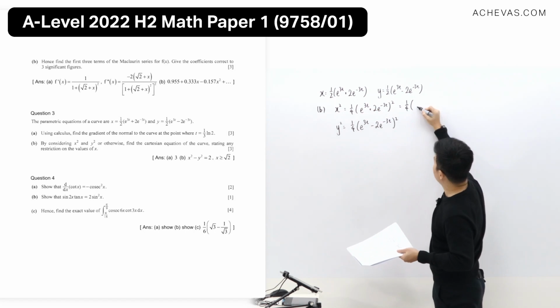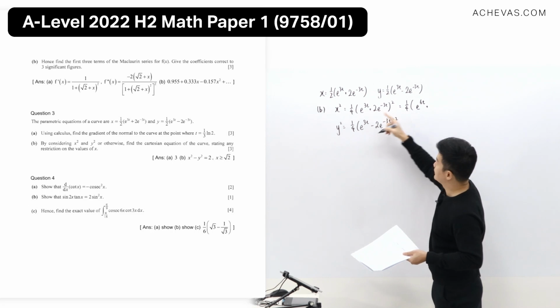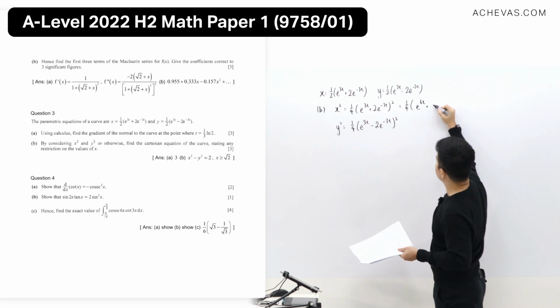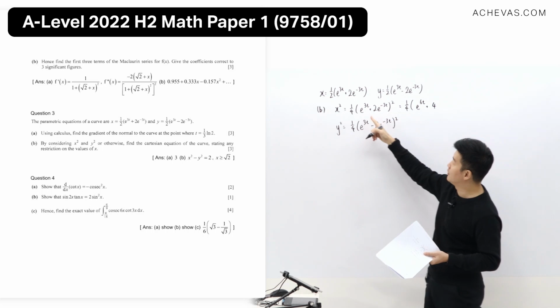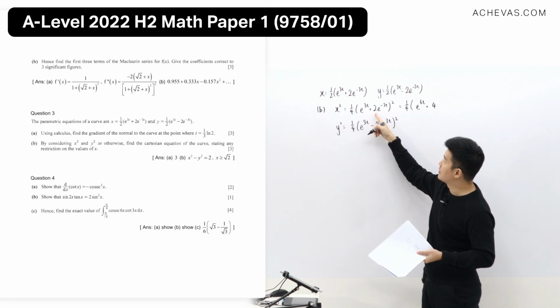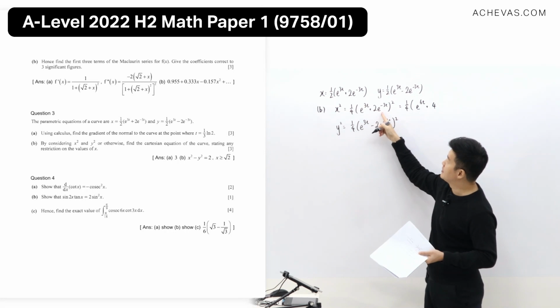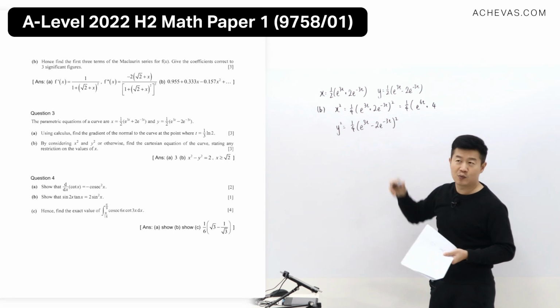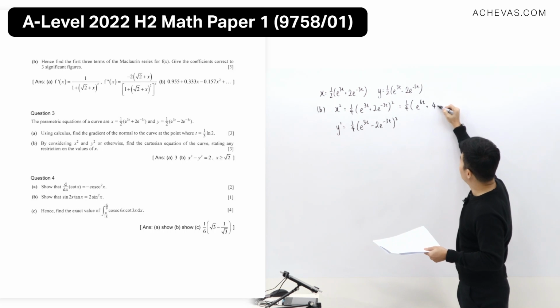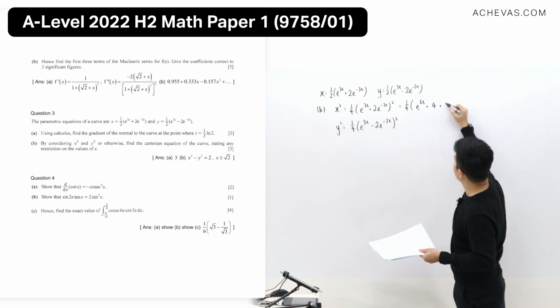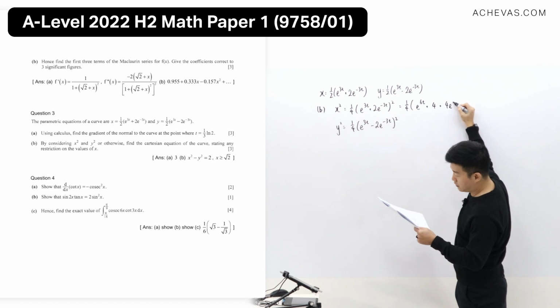So it will be this square, e to the power of 6t, then plus 2 times this times this. 2 times 2 is 4, but e to the power of 3t times e to the power of negative 3t will be e to the power of 0, which is equal to 1. So it will be 4 times 1.